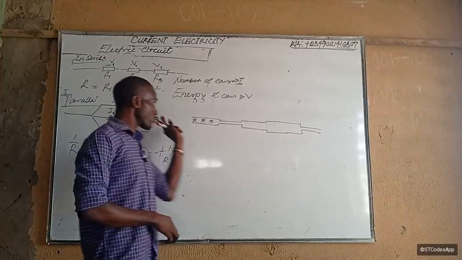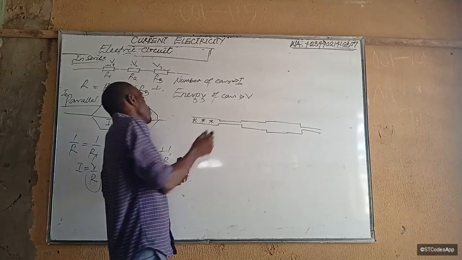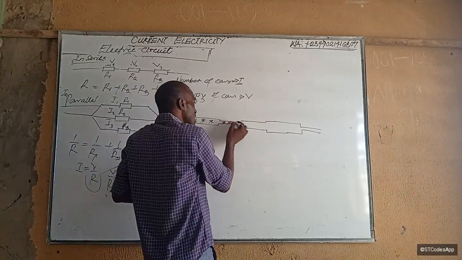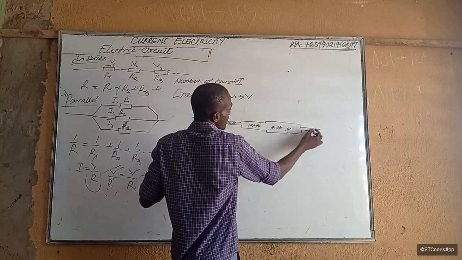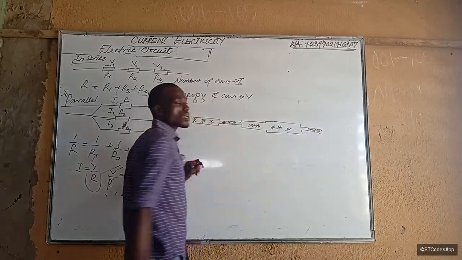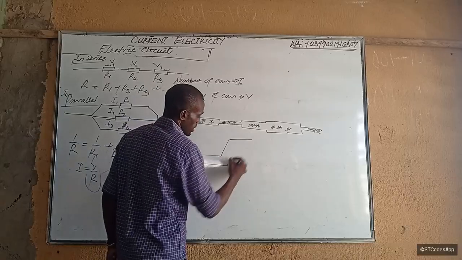How many cars are on this road? Every time you look at this road, any road, you will see 3 cars moving like this. But if you have a connection that looks like this, look at this connection.